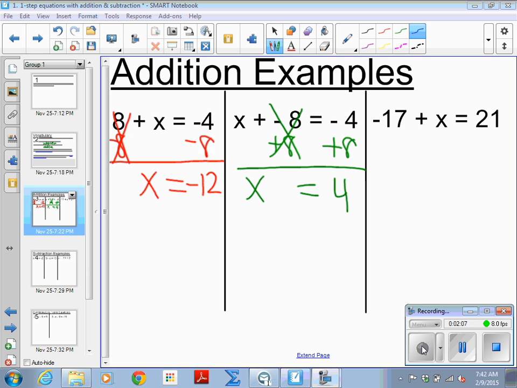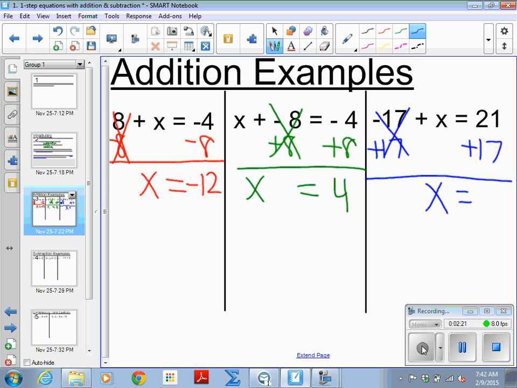Finally, negative 17 plus x equals 21. We want x equals something. So we get x by itself by getting rid of the minus 17 by adding 17. X equals 38. These are addition examples, even though we have some negatives and subtraction involved.